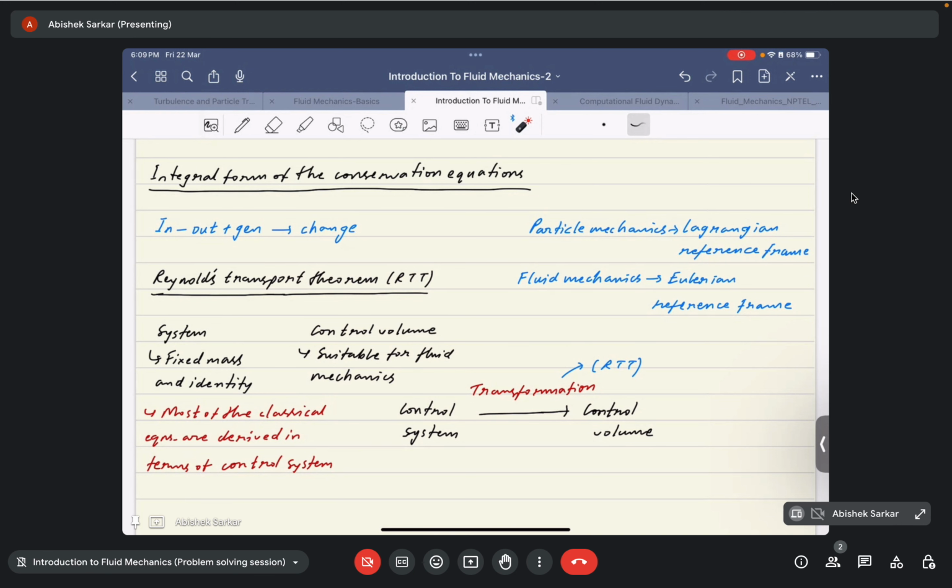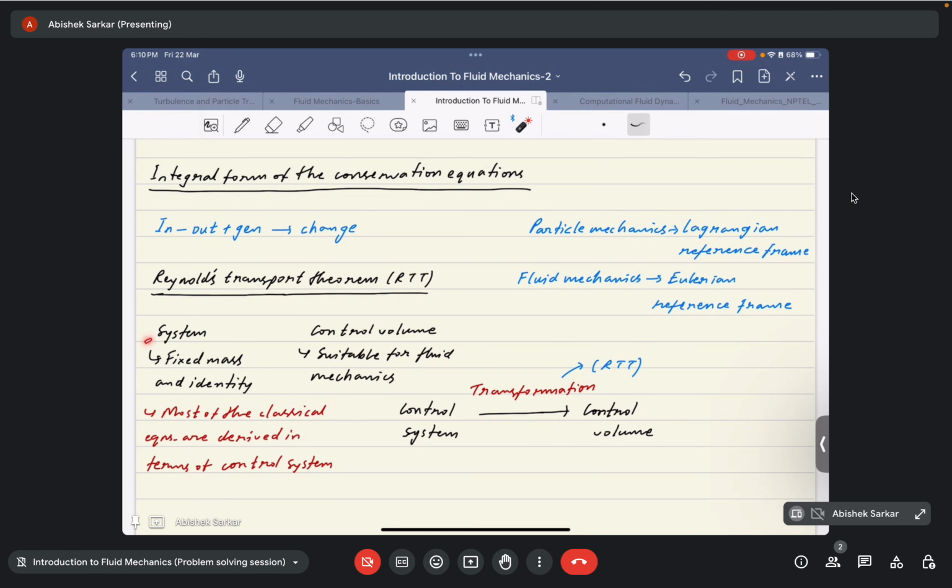Again, we know that most of the laws that primarily govern the subject of fluid mechanics, be it conservation of mass, conservation of momentum, or conservation of energy, were discovered or derived for a control system, that is an entity having a fixed mass and a fixed identity.